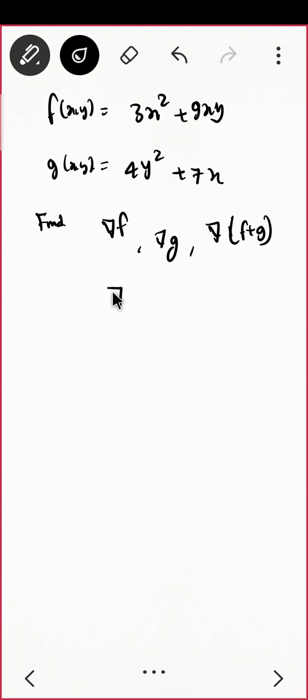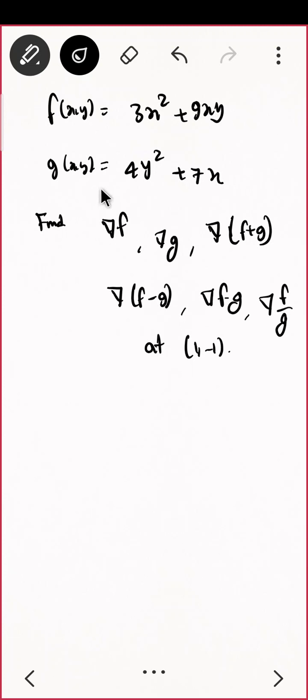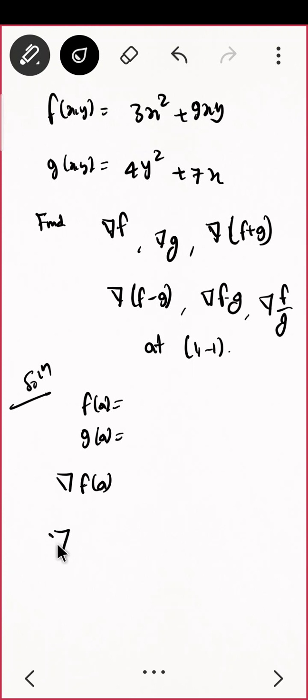Next is del f minus g, del f into g. Next, del f by g. Correct? At 1 comma minus 1. So do you see, you just have to calculate what? You just calculate f of a, g of a, del f of a and del g of a. Correct? Others will follow from the formula.